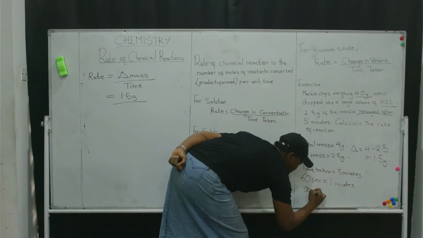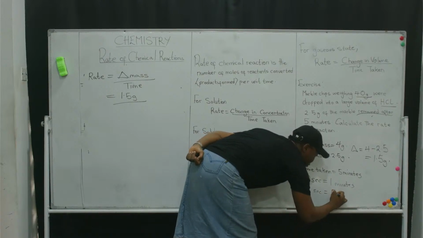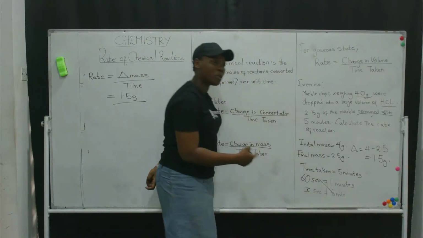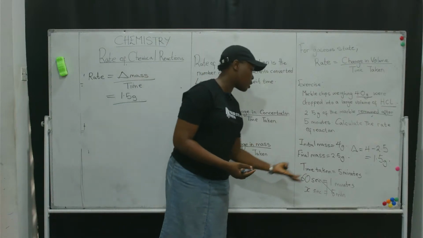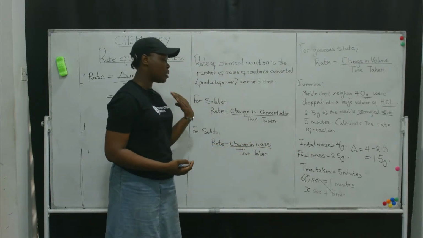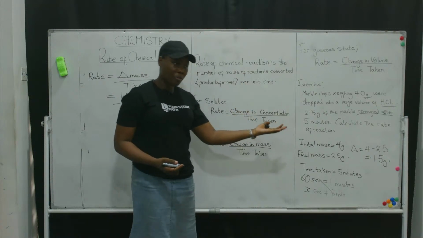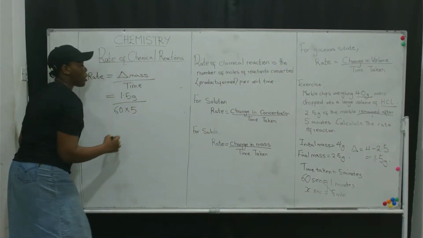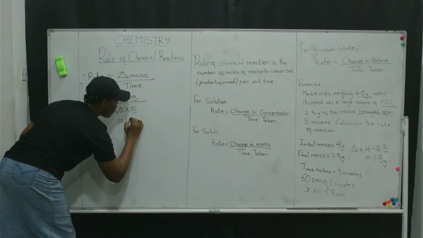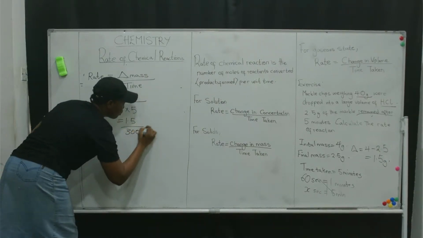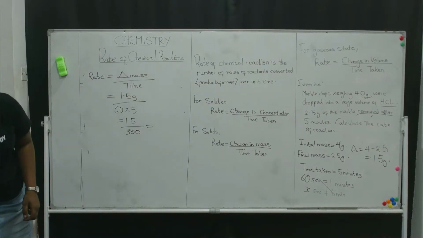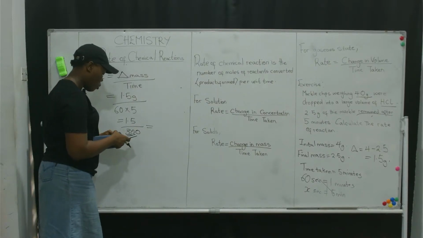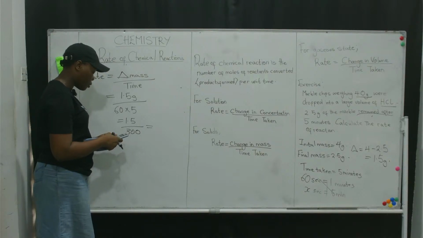X seconds is equal to 5 minutes. So in order to calculate the number of seconds, you have to multiply, right? Since 60 seconds is 1 minute, 5 minutes would be 60 times 5. And so this is 1.5 divided by 300.